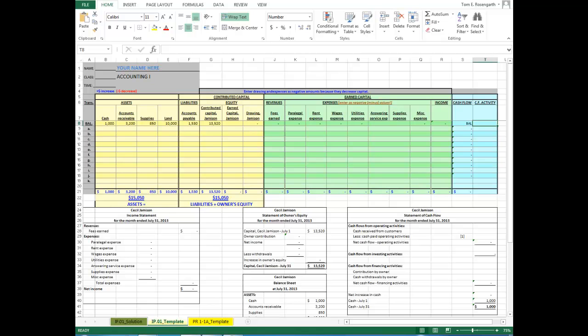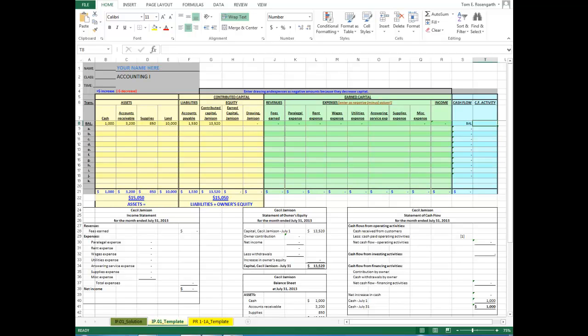Also, this dynamic spreadsheet will automatically update the financial statements for each of the transactions that we will go over. For example, you can see that the beginning balance for the month of July has cash of $1,000, which is reflected in the balance sheet. Accounts receivable, $3,200, which is reflected in the balance sheet.